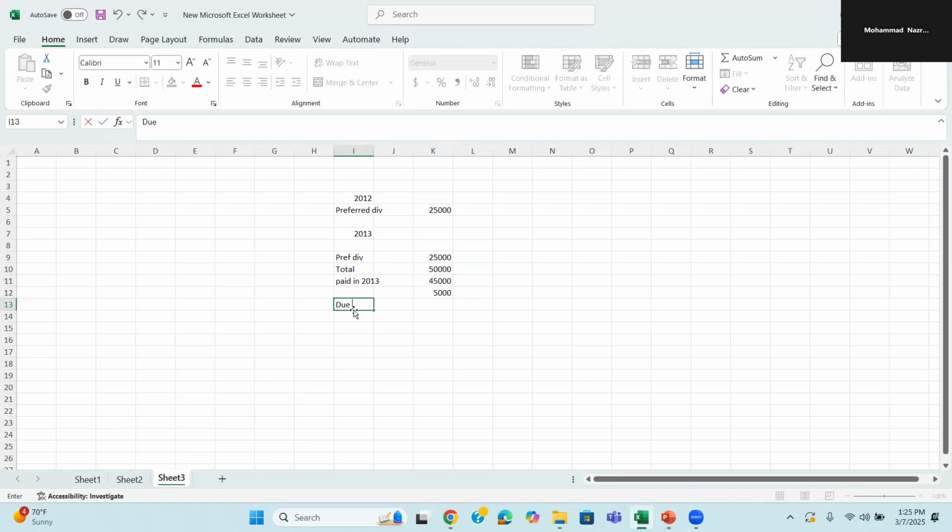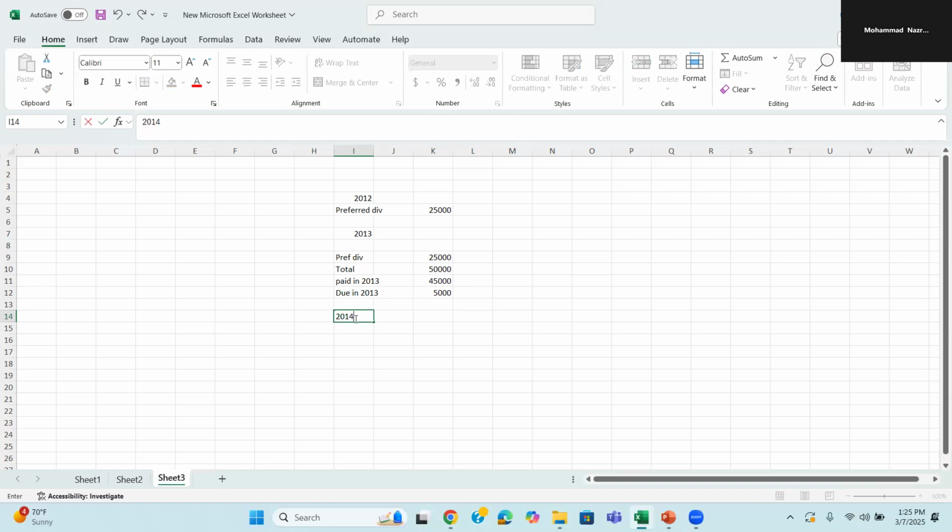So the due in 2013 is 5,000. So the amount due 50,000, but you have paid 45,000. So there is a due of 5,000 in 2013. Now let's move to the 2014 stuff.